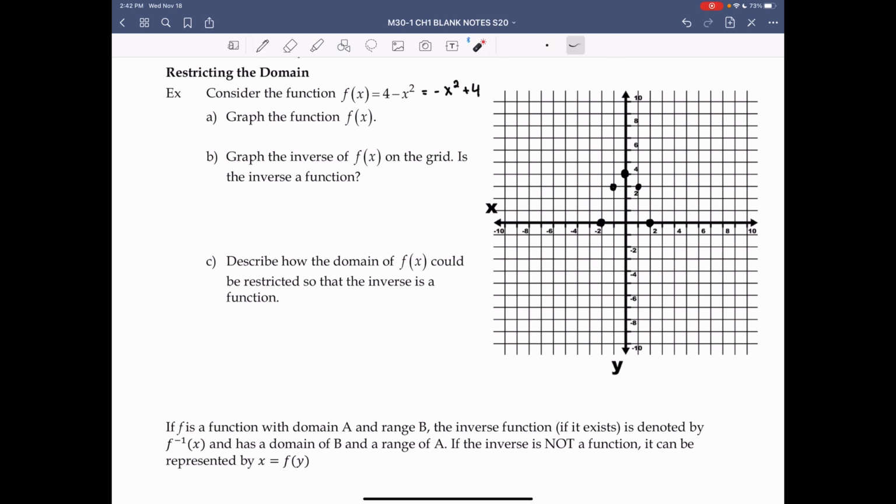Y equals x squared has a point at x equals negative 3, y equals positive 9. Reflect that across the x-axis, we get negative 3, negative 9. Then shift that up 4 units, and we get a point at negative 3, negative 5. And then quadratics are symmetrical, so we have a point at positive 3, negative 5. Then we can draw our function f of x.